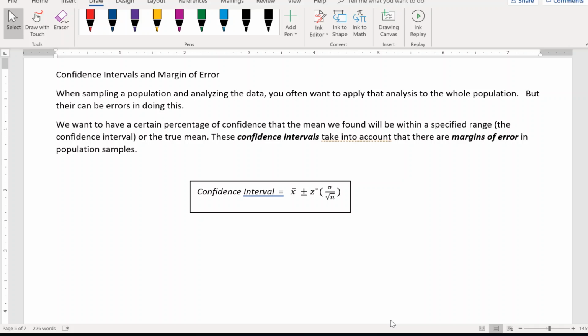That range is called the confidence interval. And the confidence intervals take into account that there are margins of error in population samples, whether you're just sampling a population or whether you're trying to apply that mean to a greater population. So there is a formula for confidence intervals, and this is the formula here, where x with a bar on top is our sample mean.